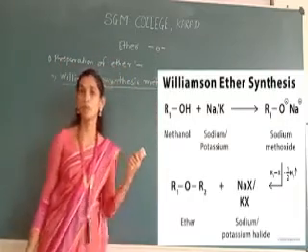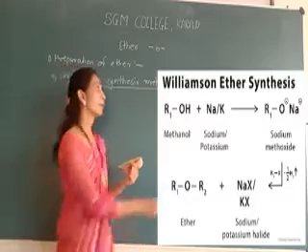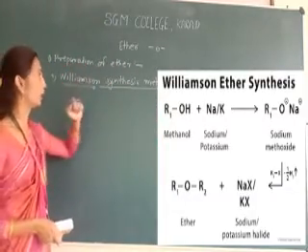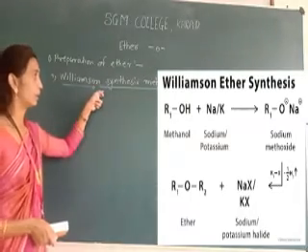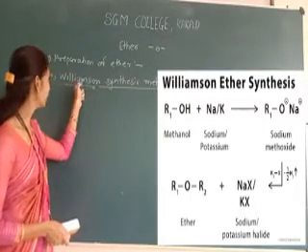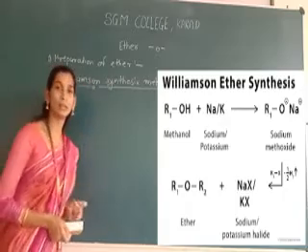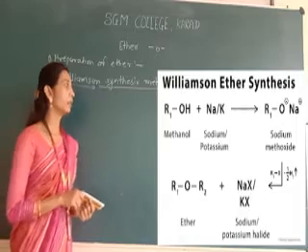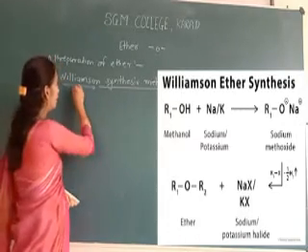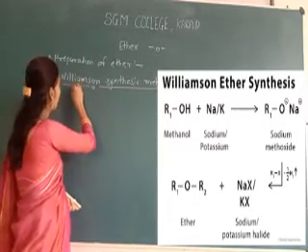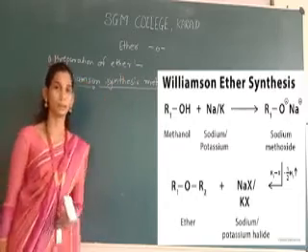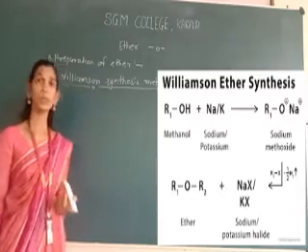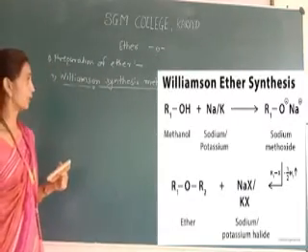This is our name reaction, because preparation of ether by this method is known by the scientist's name, Williamson synthesis. Therefore, it will be asked in an exam: write the preparation or mechanism of the Williamson synthesis, because of this name reaction. Now what happens in this reaction?